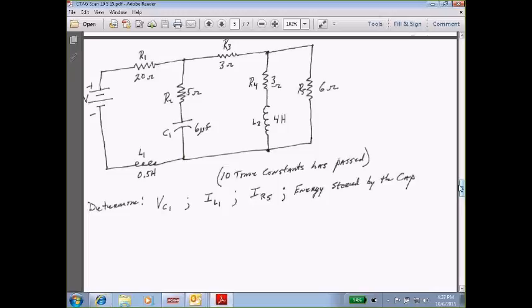Okay, so how much would be left for the voltage across C1? C1 would be my source voltage minus R1, which is 50 minus 40, or 10 volts. So we would have a potential difference of 10 volts across C1.